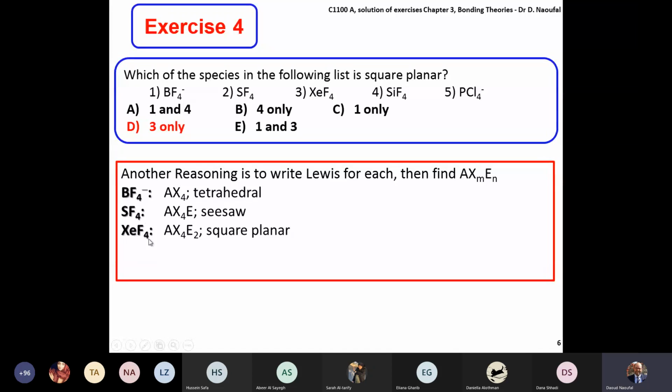In XeF4, you will find AX4E2, so the geometry is square planar. In SiF4, the simple form is AX4, the geometry is tetrahedral. And in PCl4 minus, you will find AX4E, so the geometry is seesaw. But this method takes time, so it's better to use the first strategy.